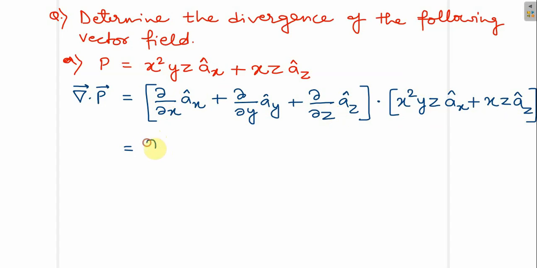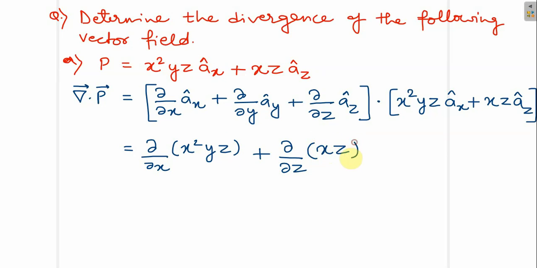So it can be simplified as del x of x square yz plus del z of xz. Now this is a partial differentiation, so with respect to x the remaining terms will be considered constant.